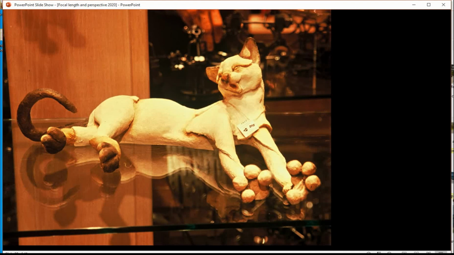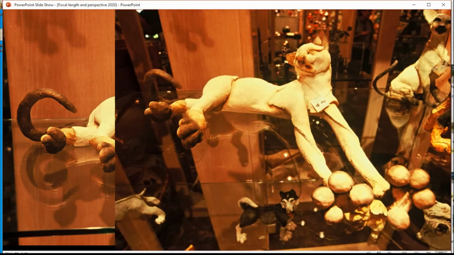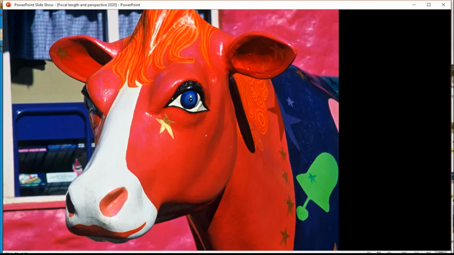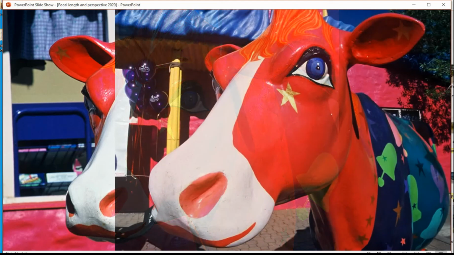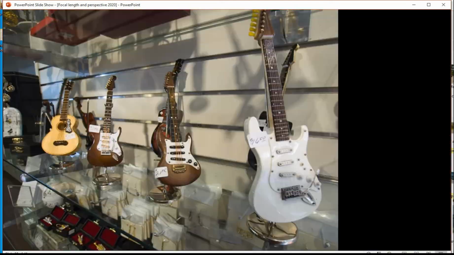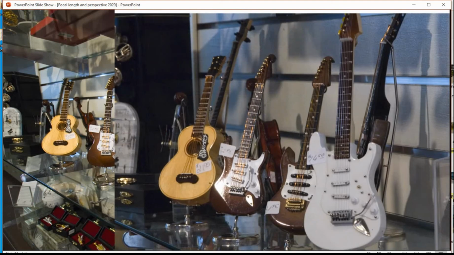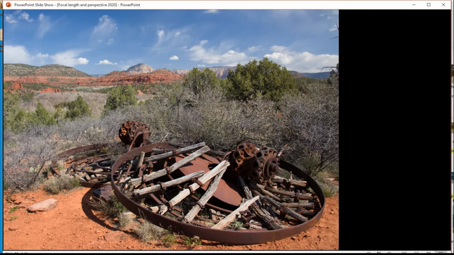Cat. Cat with a wide angle. Cow. Cow with a wide angle. A series of guitars. These are actually little guys, only about 3 or 4 inches high. And then compressed, it looks like they're really close together. They haven't moved.